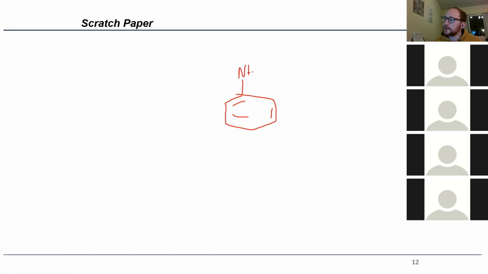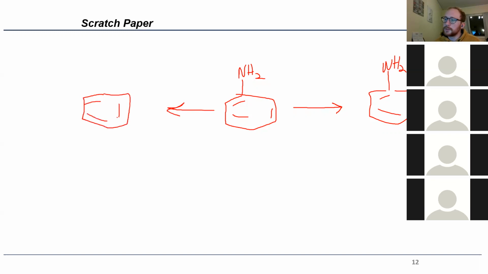So we have an aniline, and we're going to add a phenyl group here, and another group here.